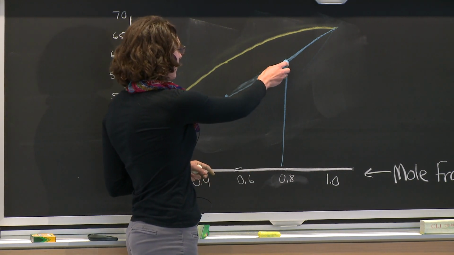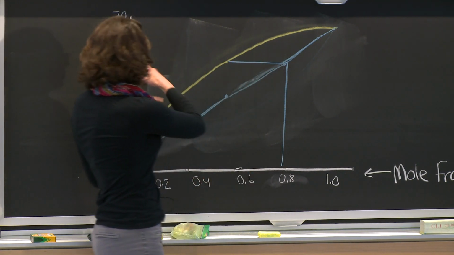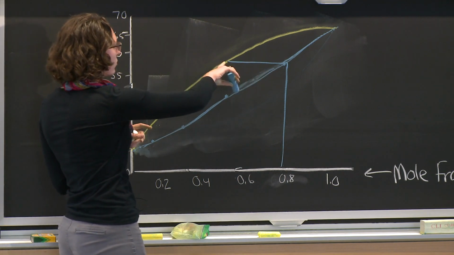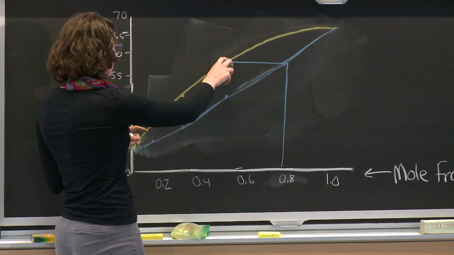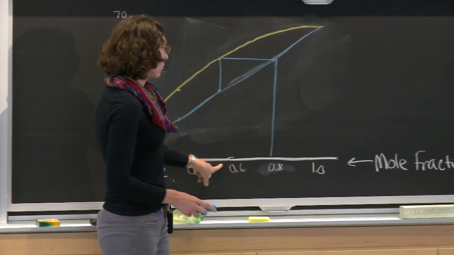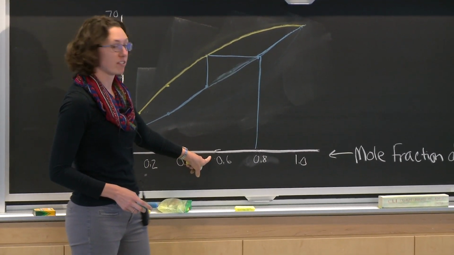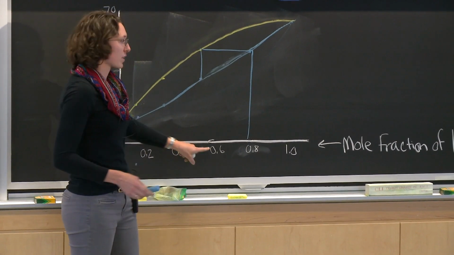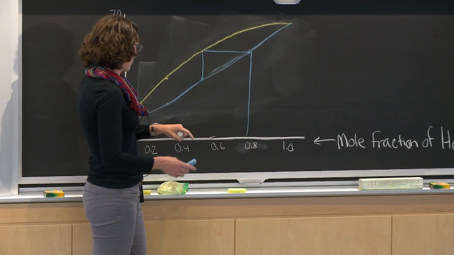If we heat it up to 65, get a vapor at 65, and then recondense it to a liquid phase, now our mole fraction of hexane is about half. So we've purified our vapor.